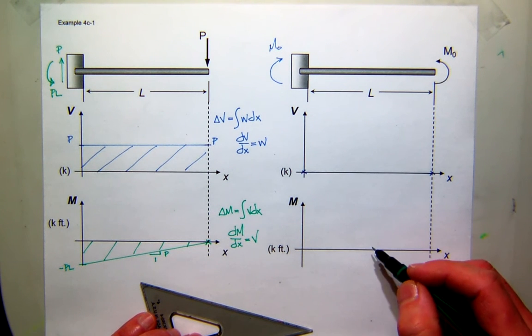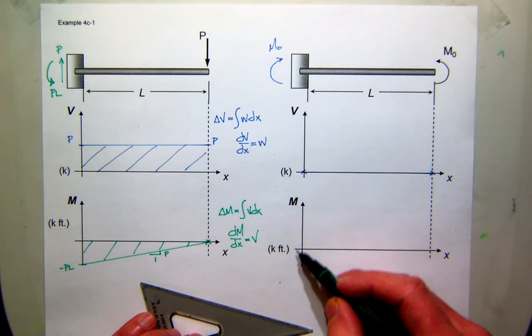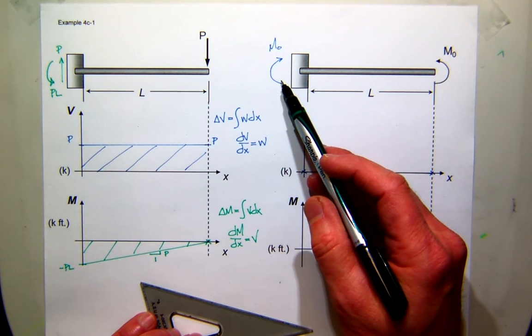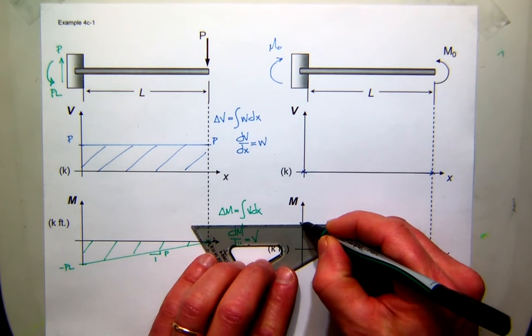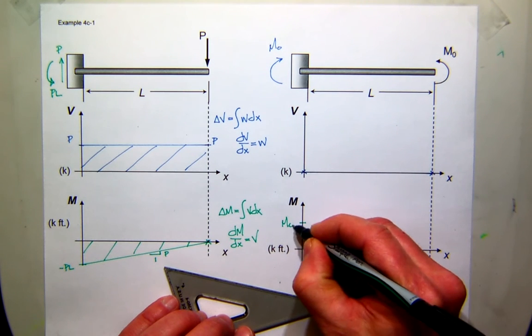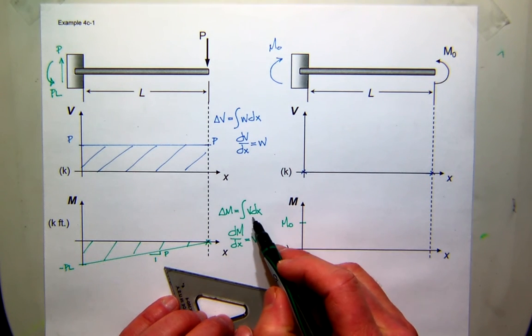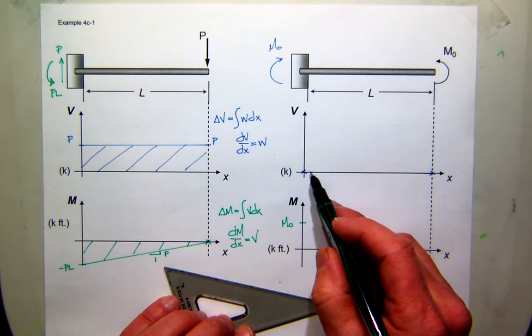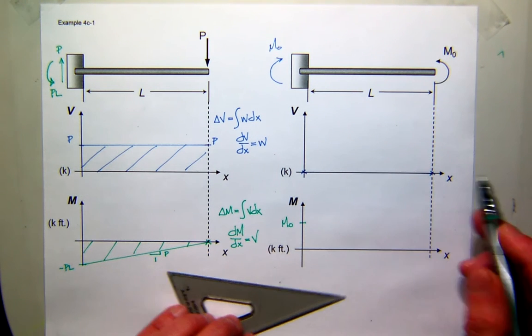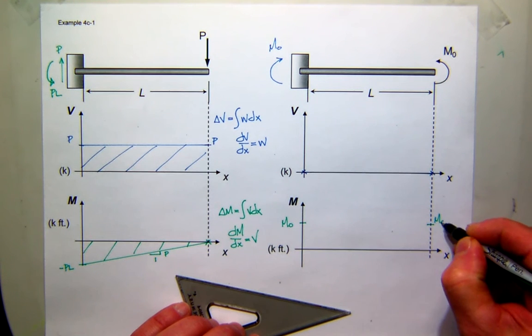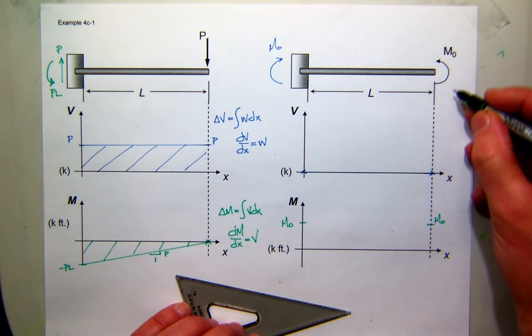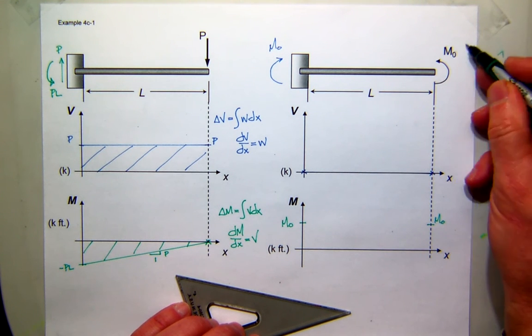Now we'll do the moment diagram. We'll start at the left side. What's the bending moment on the left-hand side? Positive M naught. The change in moment is the area of the shear diagram. What's the area of the shear diagram? No change. 0. So there is no change. It stays M naught. And look at that. It matches the moment, because that's a positive bending moment.